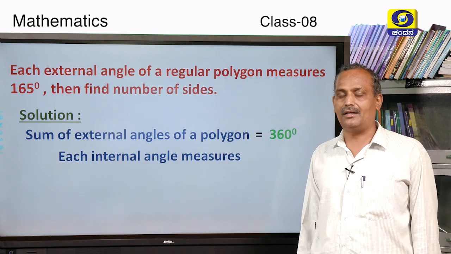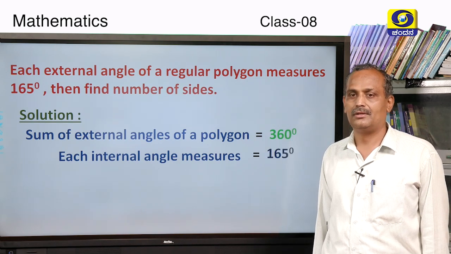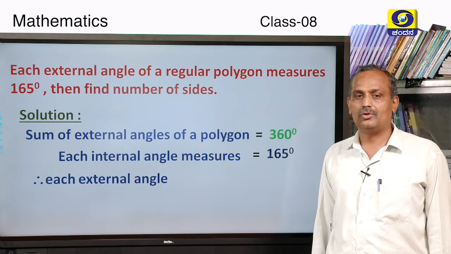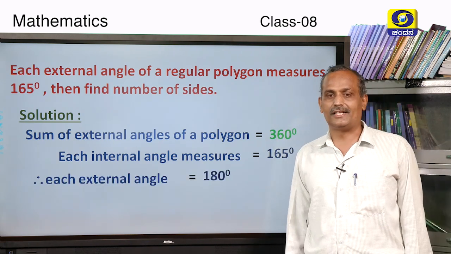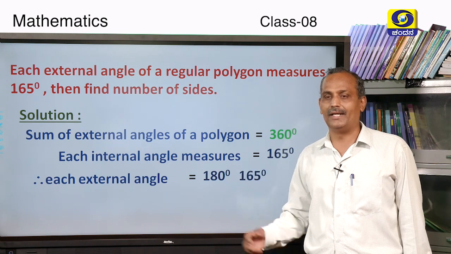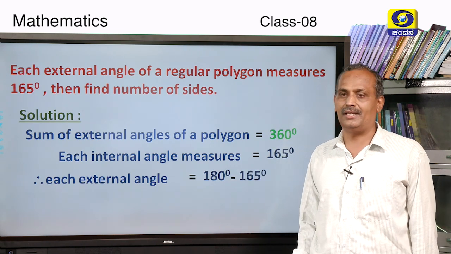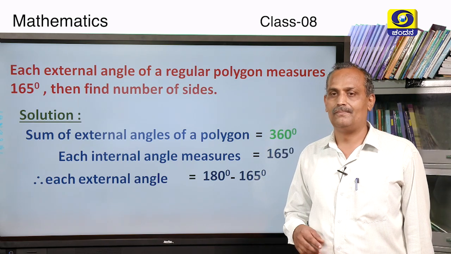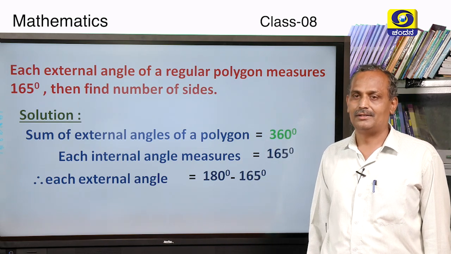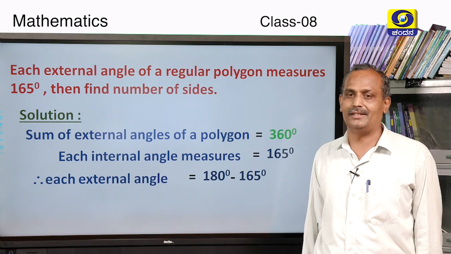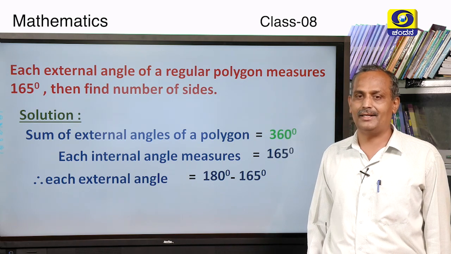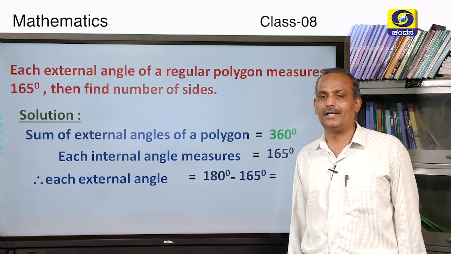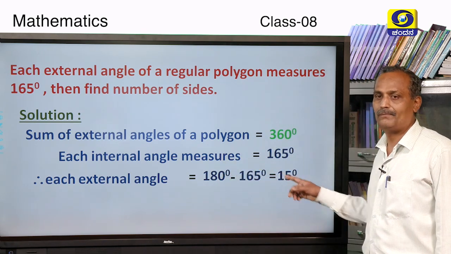Each internal angle measures 165 degrees, it is given here. So, each external angle is nothing but 180 degrees minus 165 degrees, because as we have studied in the axiom itself, if a ray stands on a line, the sum of adjacent angles is 180 degrees. Therefore, we subtract 165 degrees from 180 degrees here. So, it is 15 degrees.